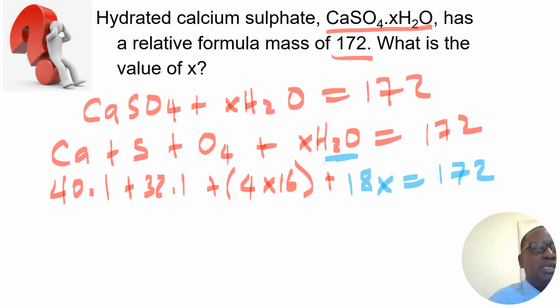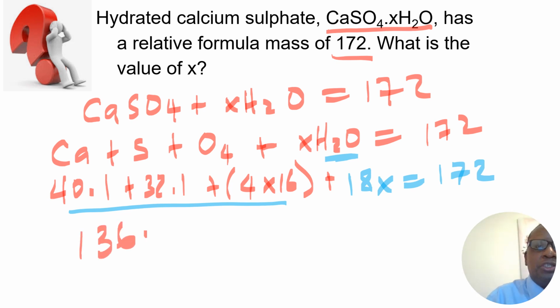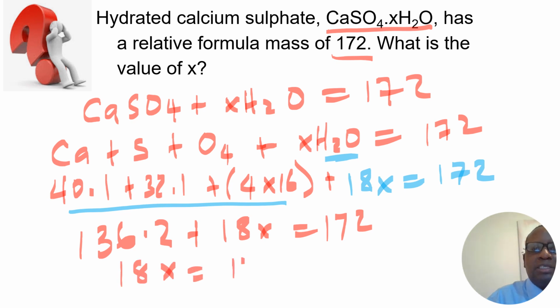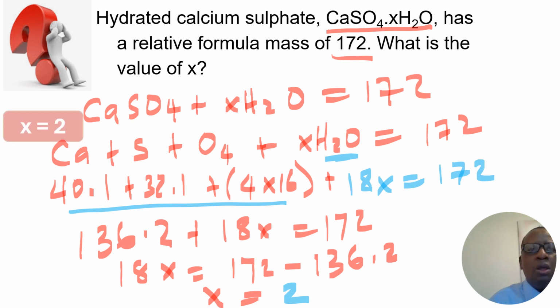Now you need your calculator, which I don't have, so I'll just try to use my head. All this is adding up to 136.2 plus 18X is equal to 172. 18X is equal to 172 minus 136.2. X is equal to 2. Well done.